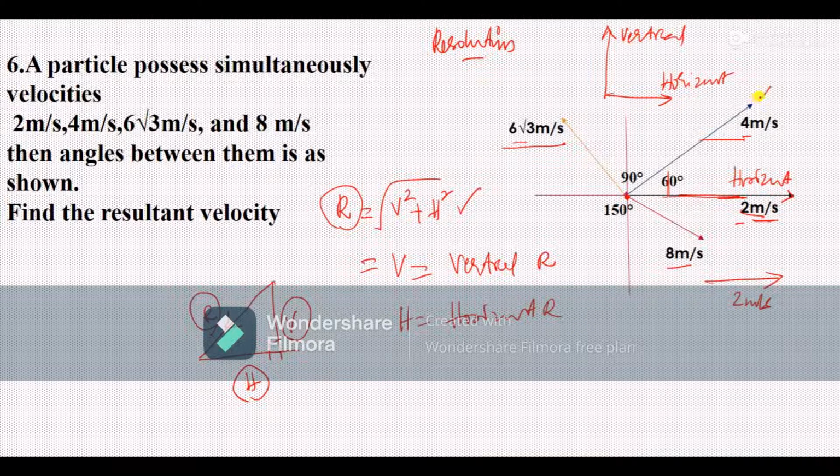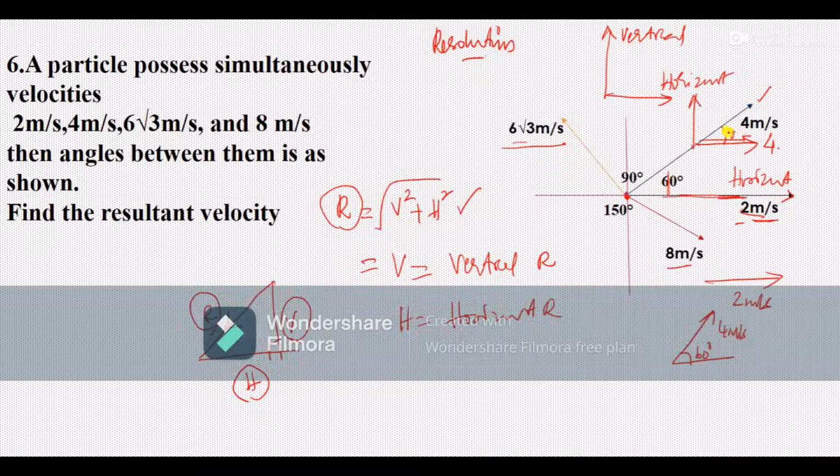So this doesn't have any vertical component. Next is the 4 meters per second, which is making an angle of 60 degrees. This can be resolved into two parts, one along the horizontal direction and one along the vertical direction. This angle here is 60 degrees because these two are parallel lines and this becomes the alternate angle.